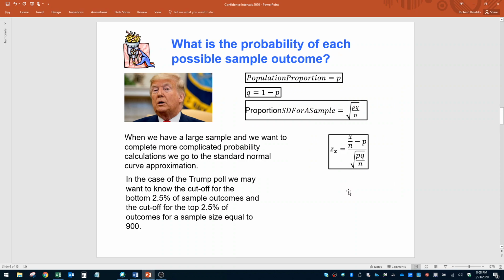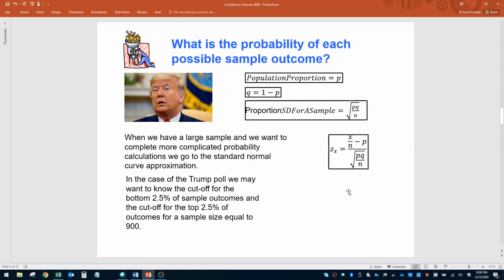And I know in between those boundaries, the boundary between the bottom 2.5% and the top 2.5%, in between is everything else. And that represents 95% of the possible outcomes in terms of the survey outcomes in terms of the proportion who say yes, they would vote for Trump. And that's referred to as the 95% confidence interval.